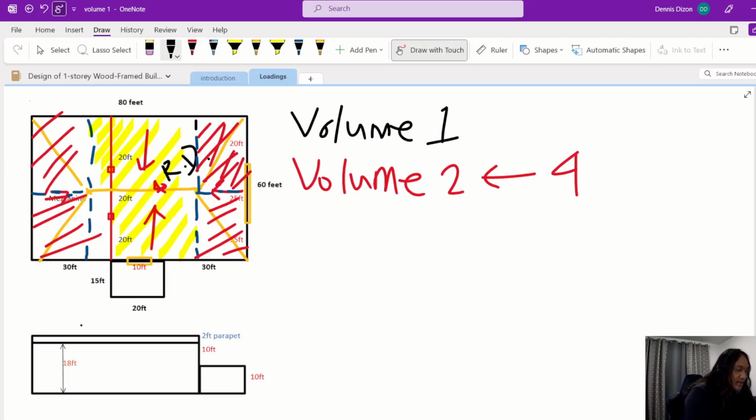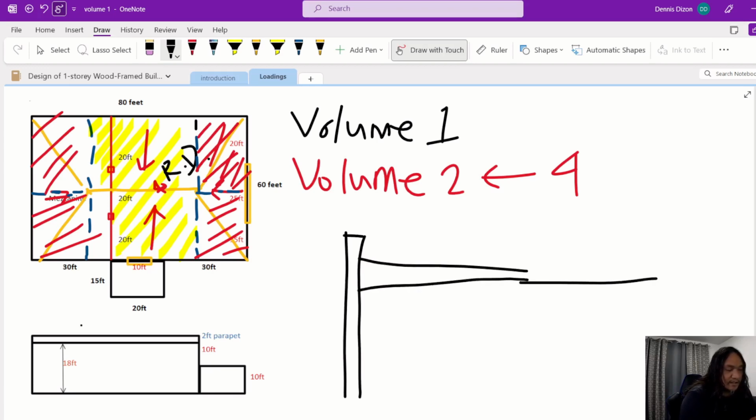So this one we will draw a cross section. So this is your wall, and then we will just exaggerate the slope.